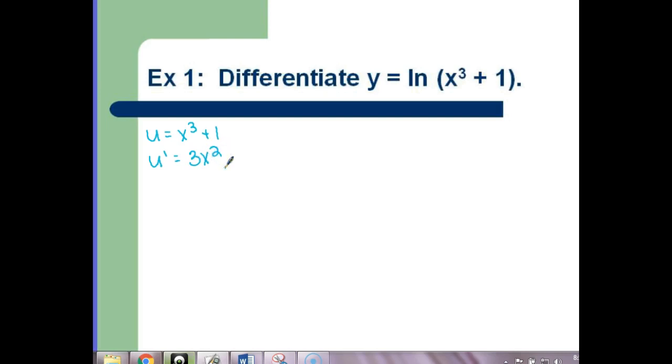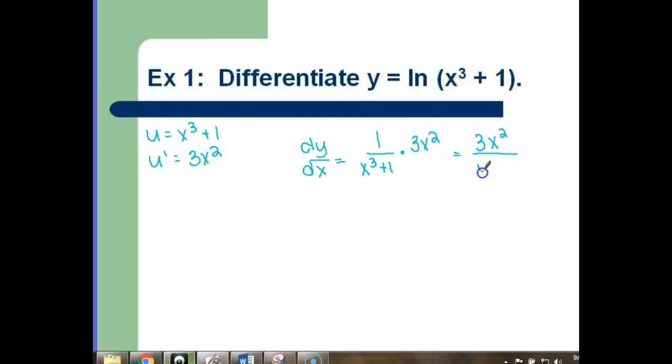So then by rule, dy dx equals 1 over u, which is x cubed plus 1, times u prime, which is 3x squared. So it's really 3x squared over x cubed plus 1. The derivative of ln x cubed plus 1 is 3x squared over x cubed plus 1. Done.